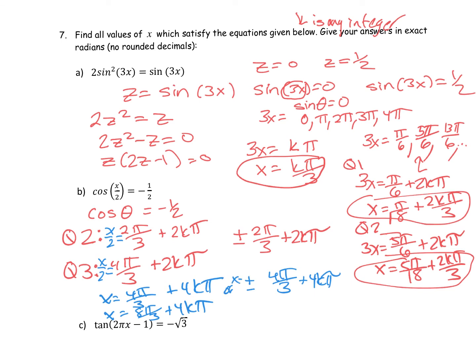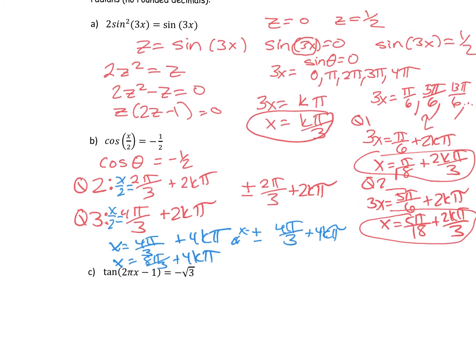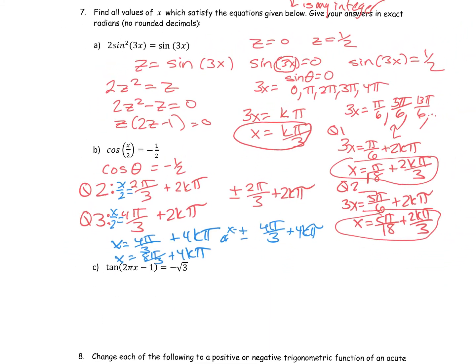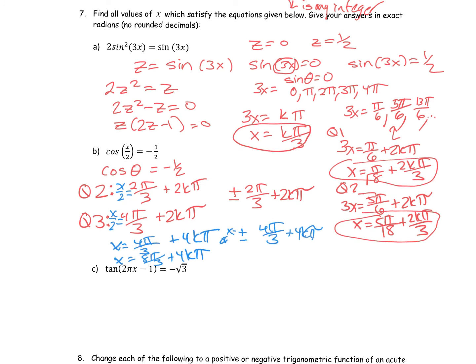Okay, so the last one, tangent. And again, in this case, notice that I don't have to do any algebra to isolate a trig function. It's isolated. And again, just think about first if you're solving tan theta equals -√3. And then we'll plug in what theta is, which is 2 pi x minus 1.